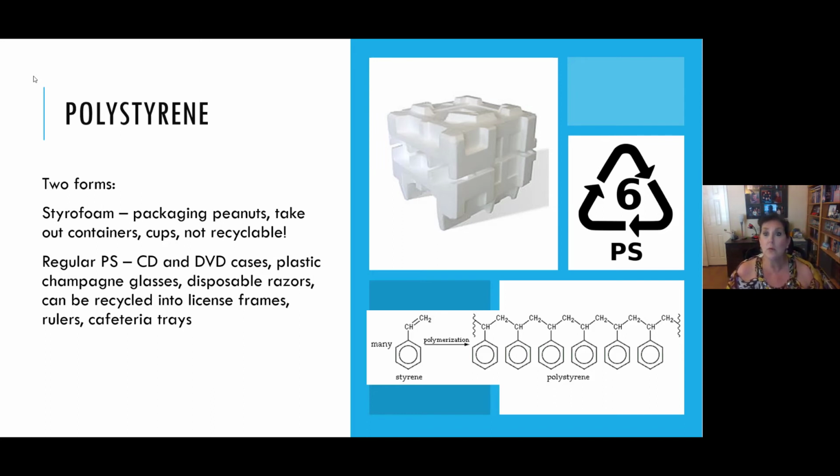When you recycle those, you can make license frames, rulers, cafeteria trays. There's a picture of the monomer, and then you polymerize it, and you get the polymer. So we can see the polymer has this big ring thing around it with a circle in it. So that's pretty cool. So remember, number 6 is PS.